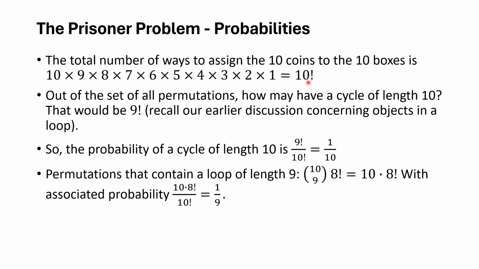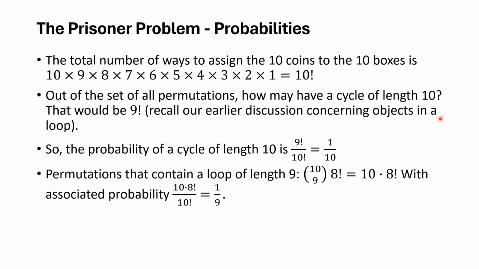So first we'll compute the number of 10 cycles. So that means you open box number 10, and that points you to 9, and 9 points you to 8, and so you don't get back to 10 until you've looped through all the numbers. So that would be a cycle of length 10. And if you recall from our discussion in lesson 3, the number of loops with n objects is n minus 1 factorial.